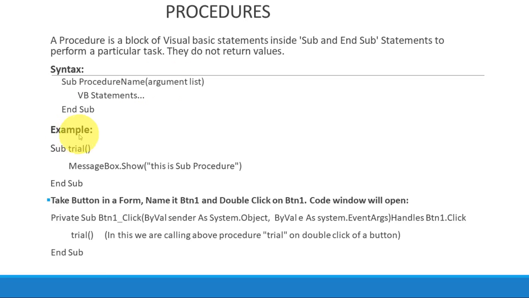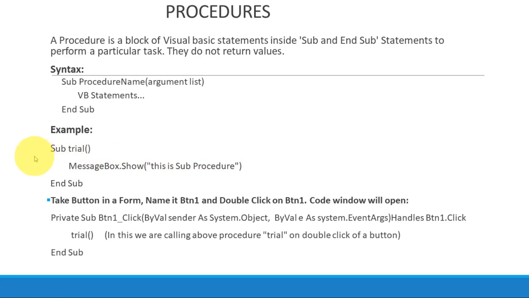Then let's take a look at an example. Sub trial, then MessageBox.Show, then End Sub. MessageBox is an object, and Show is a method of this object. So this will display the message that this is a sub procedure.